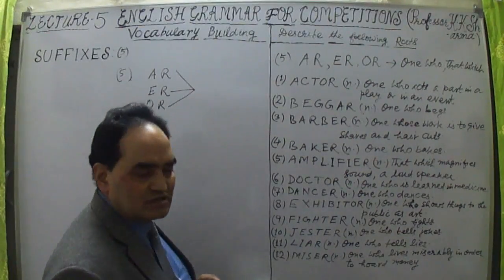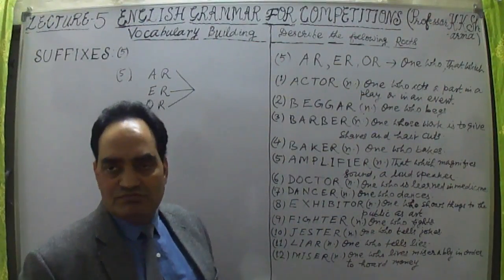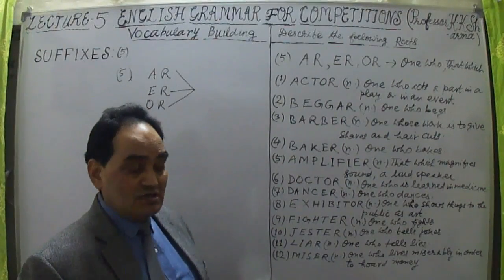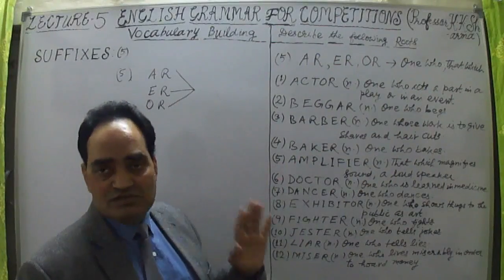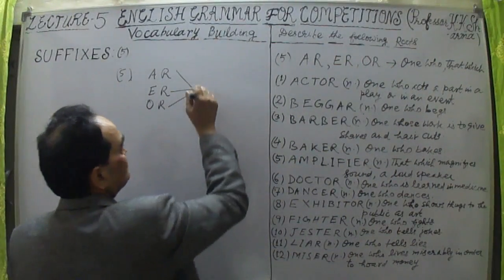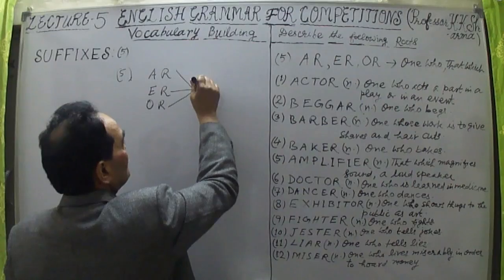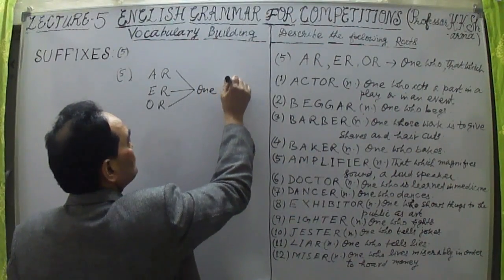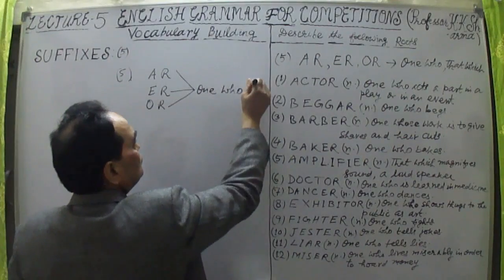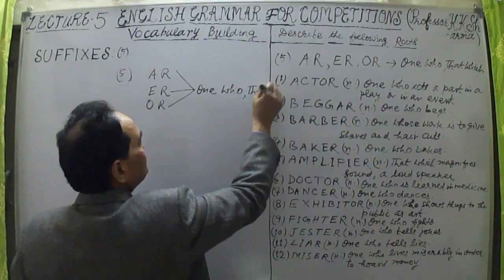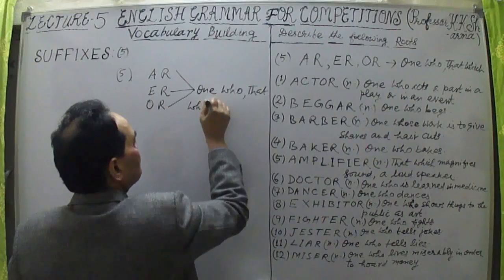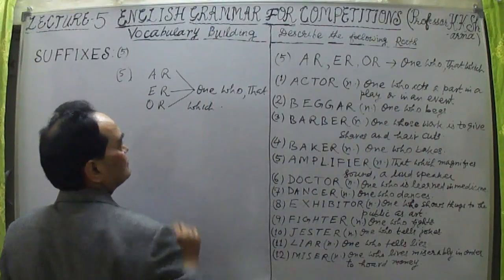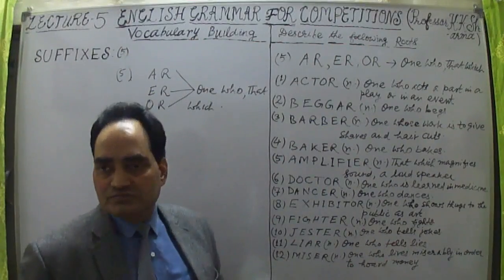Suffix means which are added in the end of a base word or in a word. That makes a suffix. These suffixes are going to give you nouns mostly. It means one who, that which. These are 2 basic meanings of this: one who or that which.